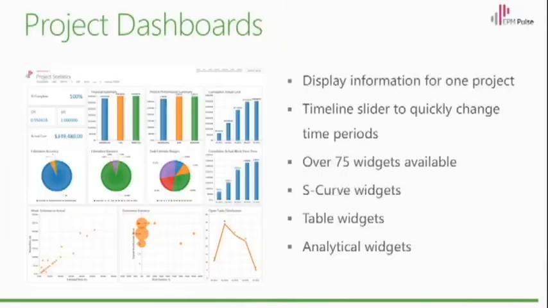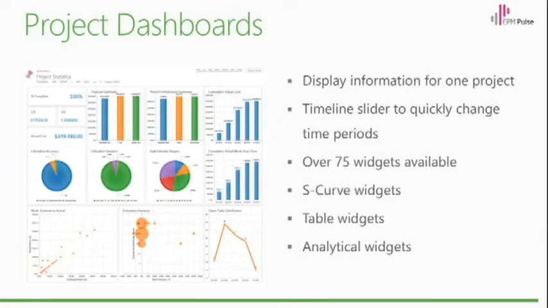Project dashboards display information for a single project, and again, they share all the standard controls. You have a filter where you can select the specific project or manually pick the project. You have a time slider, where you can select the specific time range that you would like to display.